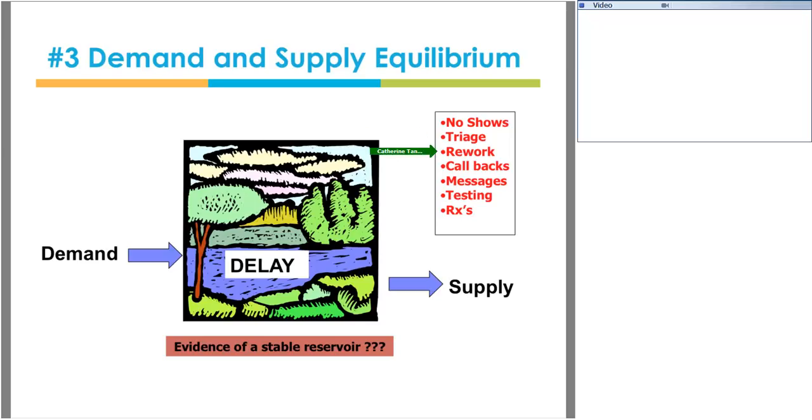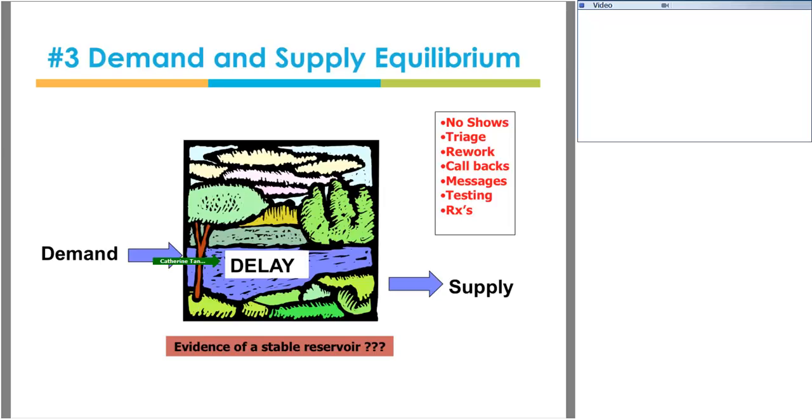The staff is doing more rework, handling more callbacks, creating more messages. There's more testing that goes on and more prescriptions that are written. We try and do stuff simply to keep a lid on this delay that frankly isn't working for the patient and is creating a lot more work for us.